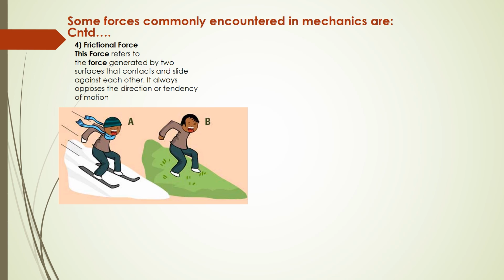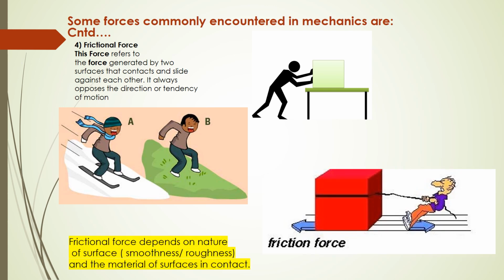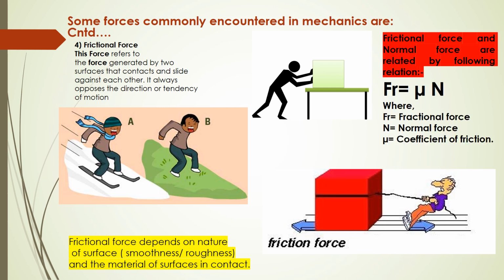Okay, here we have a couple of cases. There's another case where friction would be. Friction depends on the nature of the surfaces, the smoothness, roughness, and the materials in contact. Skis on snow, of course, is going to give you a whole lot less friction than tennis shoes on grass. If you have something heavier, you're going to have more friction than if you have something lighter.